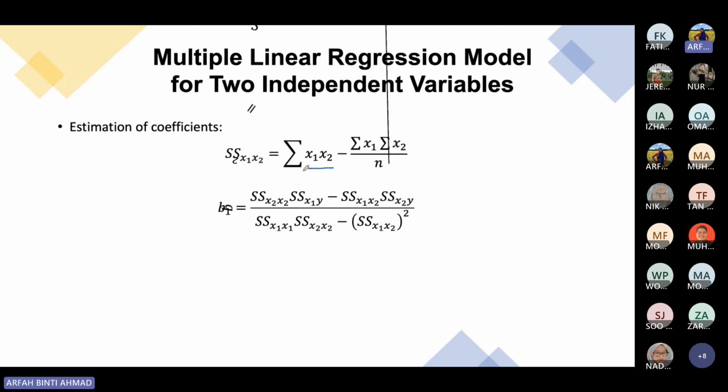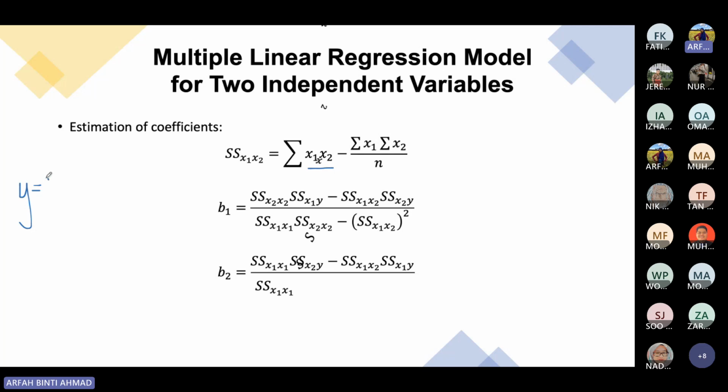So from here we can get the value for B1 and also B2, because we want to find the coefficient in the model. What will be the value of A, what will be the value of B1 x1, and also what will be the value of B2. So these are the formula. Still we are using the least square estimation, so you have to use sum squared over here.